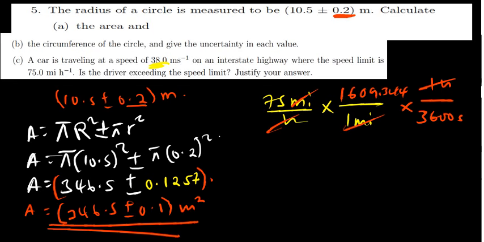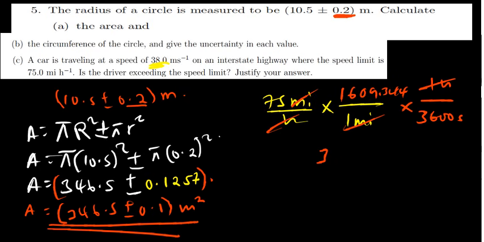Are you sure? You guys, what kind of calculators do you use? Let me also try using the phone. Okay, so what is your conclusion? Is the driver exceeding the limit or not?